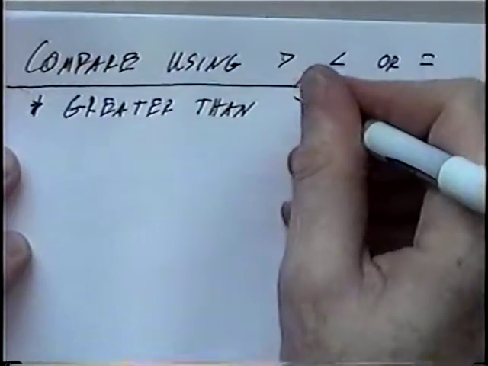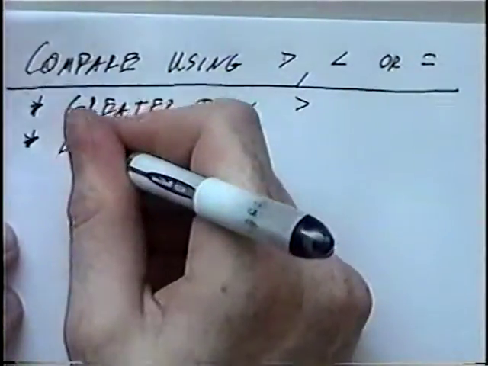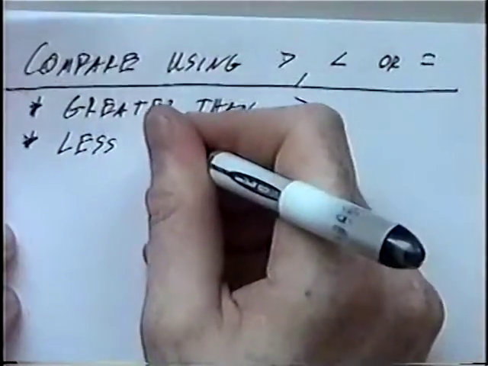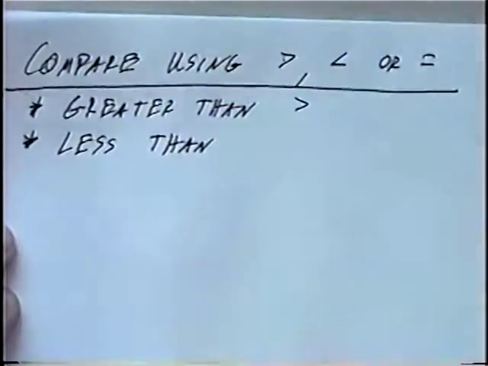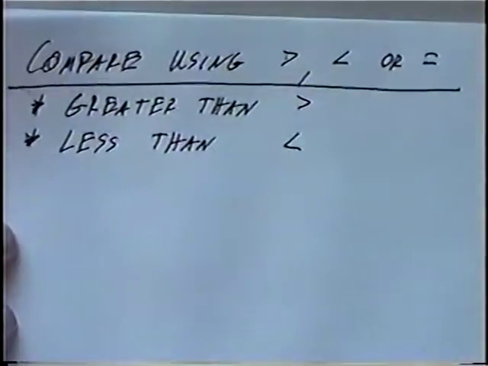The greater than symbol looks like this. And the second definition, less than. The less than inequality is the opposite and opens the opposite way.